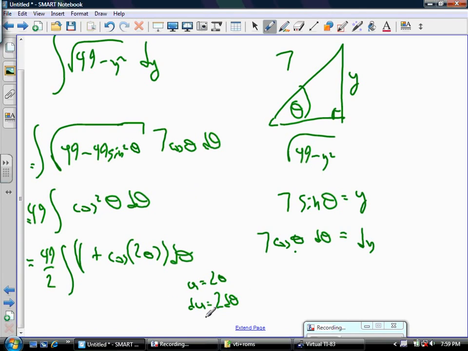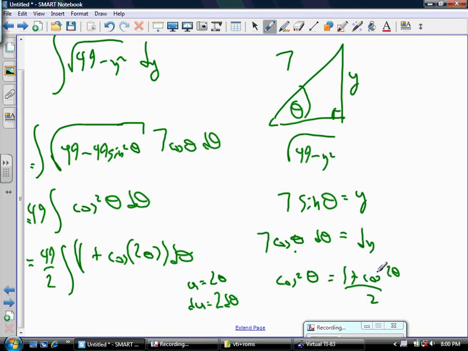Oh, well, there's a trig identity that we talked about. Whenever you see cosine squared theta, to integrate it, it's a lot easier to integrate 1 plus cosine 2 theta over 2.